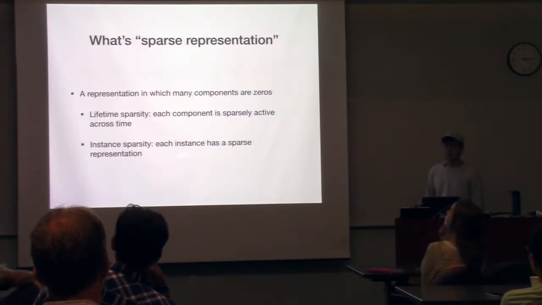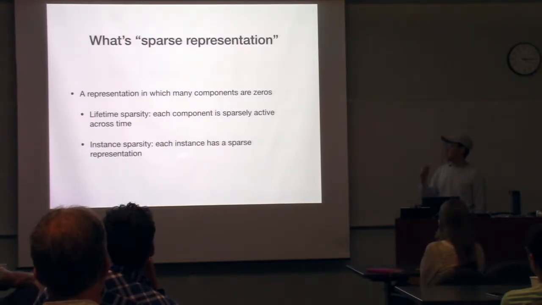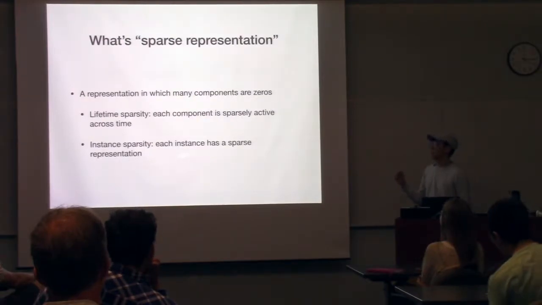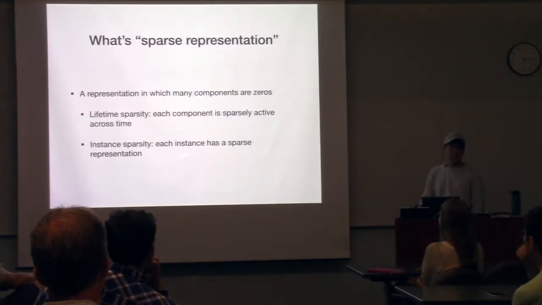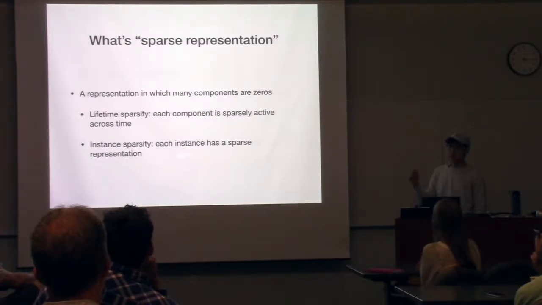So first, what's sparse representation? When we talk about sparse representation, we usually mean a representation in which many components are zero. But actually, there are two different sparsity definitions. One is lifetime sparsity, which means each component in the representation is sparsely active across time, across different samples.